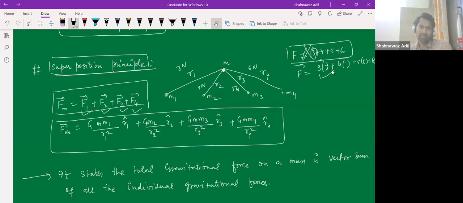You can see from here that these represent the direction. So this would be attractive, this would be attractive, this would be attractive, this would be attractive.